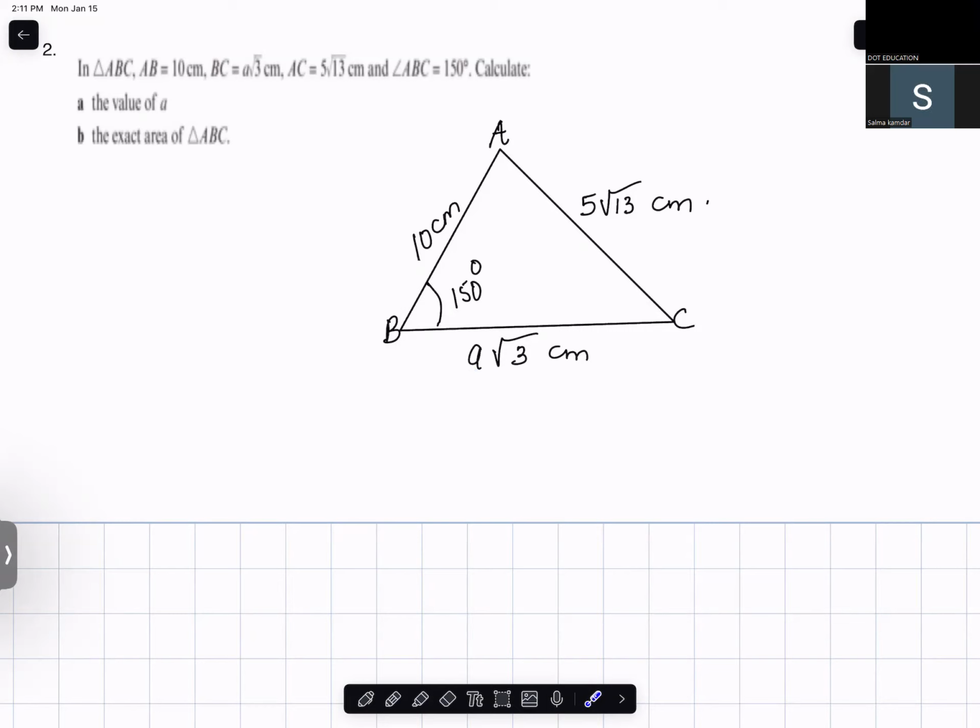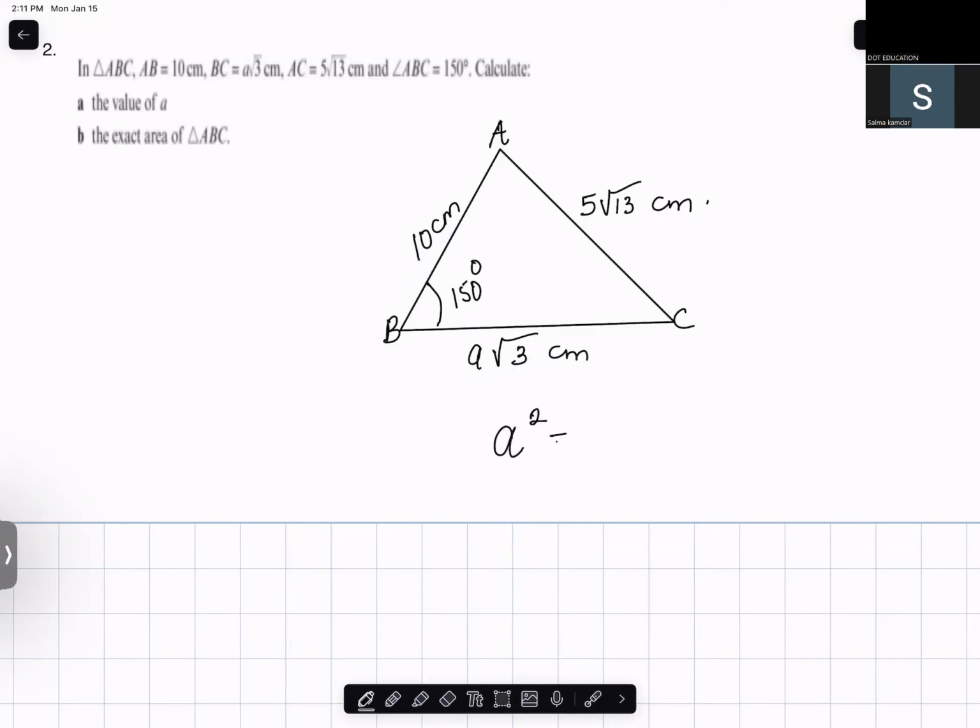Looking at this, we have three sides given, two sides and an angle given. What trigonometry formula comes to your mind? We'll be applying our cosine rule.